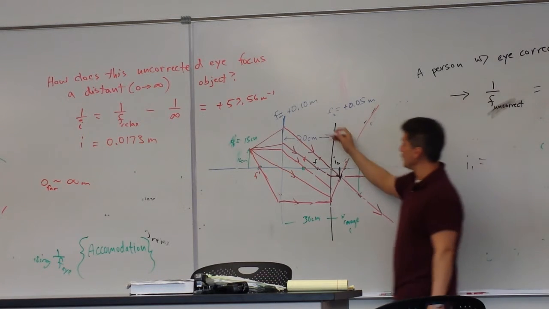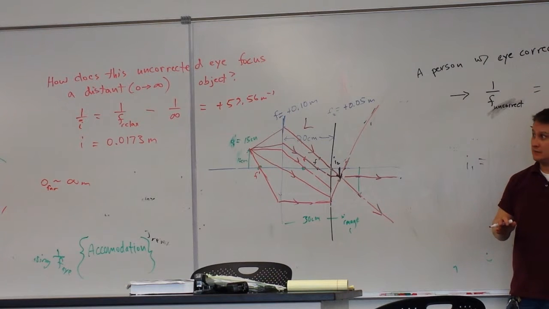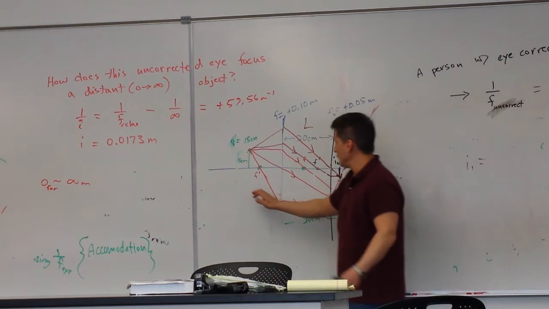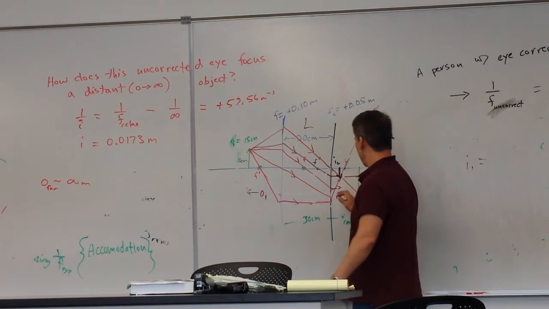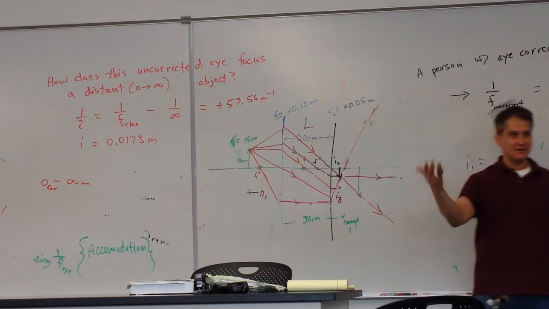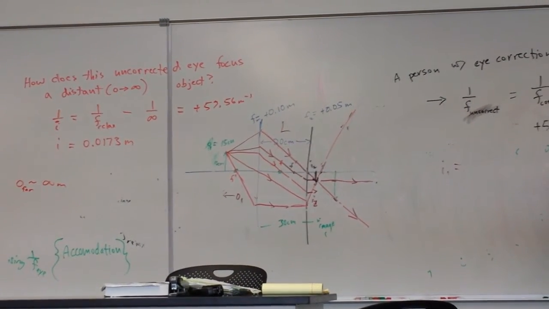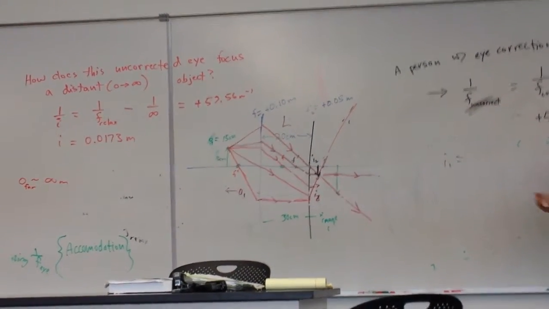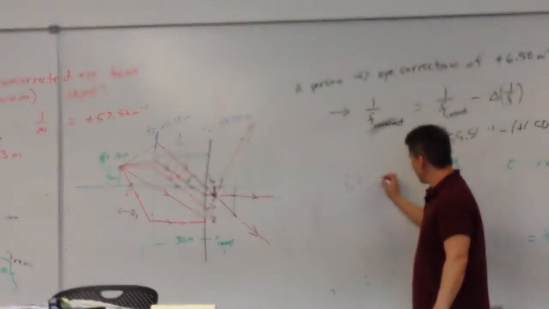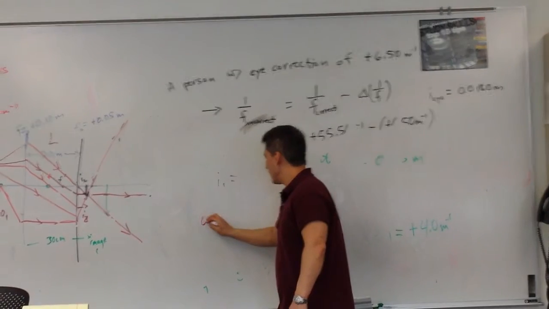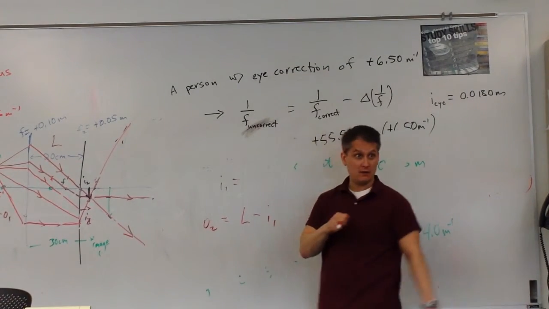So it would require that you know this distance, L, if you will, or D, I forget which one is used in the lab. And if you know this distance, call it O1, then you can figure out what I2 should be with respect to O1. So you absolutely can do that, but it requires some substitution. The easiest thing to do is just get I1, and then whatever that value is, O2 is just L minus I1.